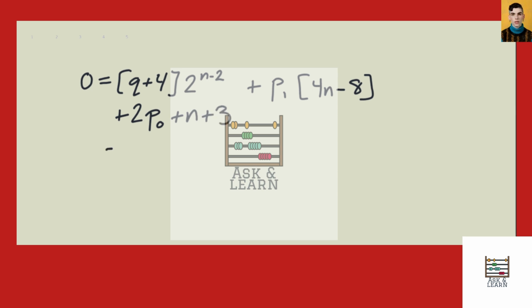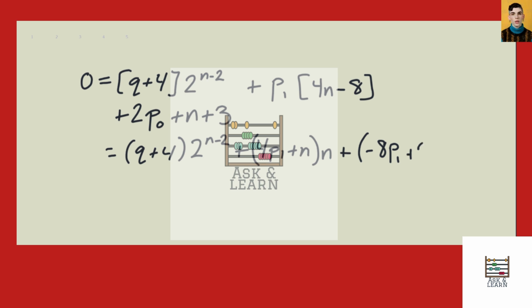Okay, and that is equal to (q plus 4) times 2 to the n minus 2, plus (4 p1 plus 1) times n, plus (negative 8 p1 plus 2 p naught plus 3).